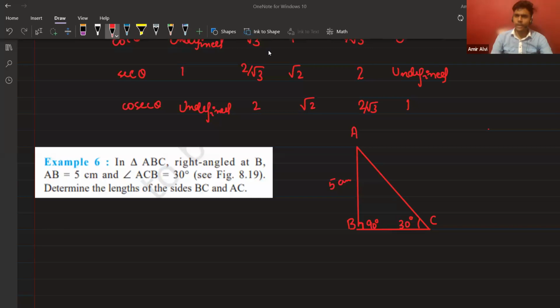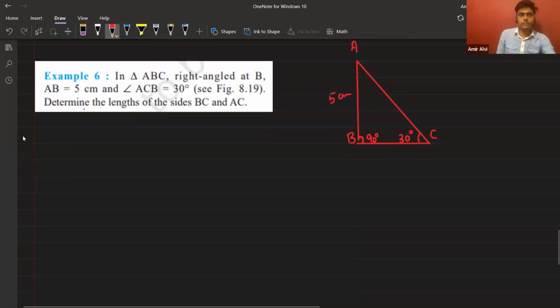Does it really require the value of angle A? No, sir. No? So basically, what will we do?